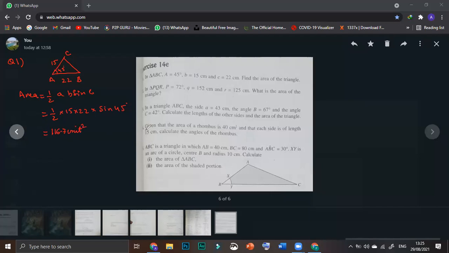Now, question number 4. We will discuss question number 4. In question number 4, given that the area of the rhombus is 40 centimeters square and that each side is of length 15, calculate the angles of the rhombus.